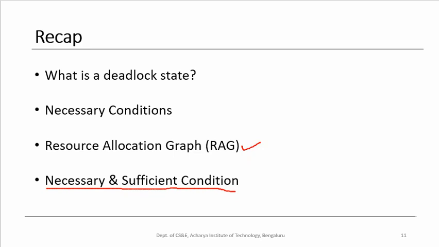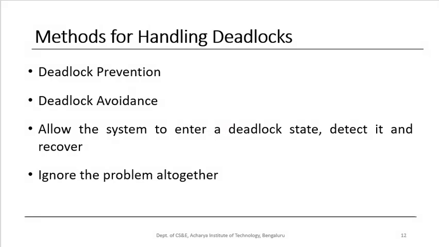Now in today's lecture, I'm going to discuss different methods of handling deadlocks. Okay, let's look at the different approaches used to handle deadlocks. The first approach is deadlock prevention.